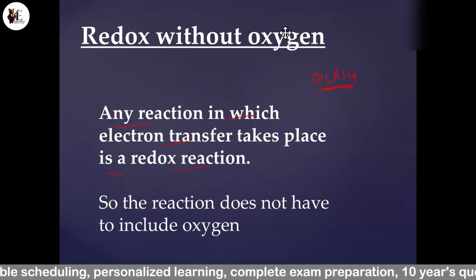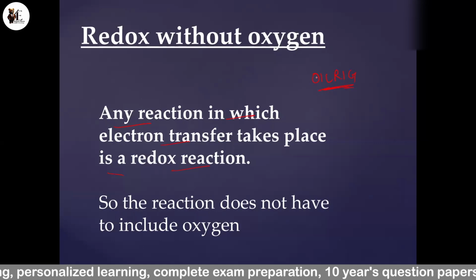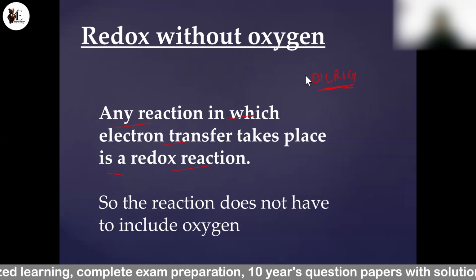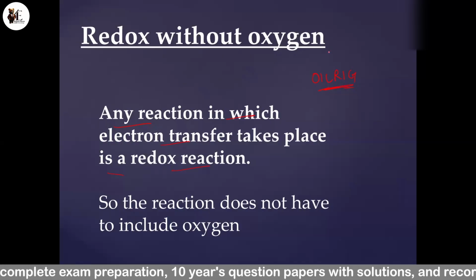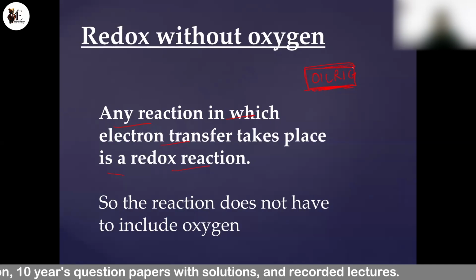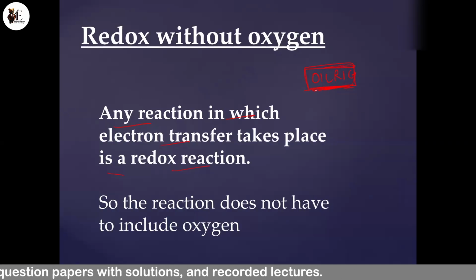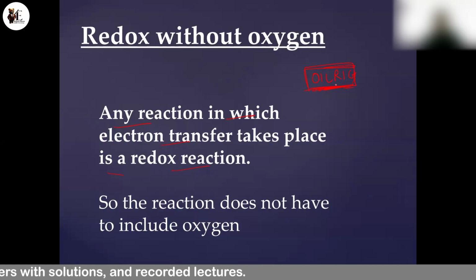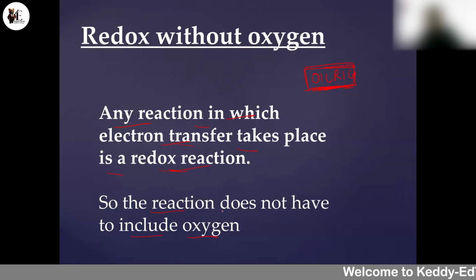It means oxidation is loss of electron and reduction is gain of electron. So any reaction in which electron transfer takes place is a redox reaction. The redox reaction does not have to include oxygen. My point is that a redox reaction is also possible without oxygen.